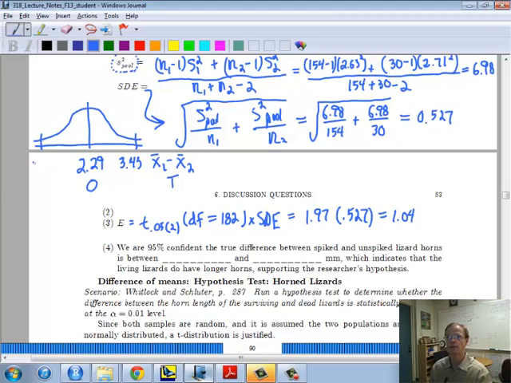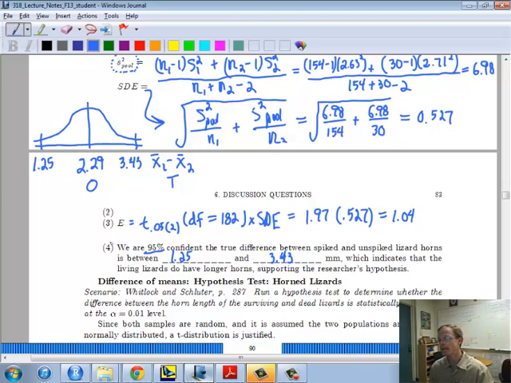And we'll subtract. That's going to be 1.25. Okay, so we're 95% confident that the difference is 1.25 to 3.43 millimeters. And that's a real difference. It doesn't include 0 because the left side is not negative. So looks like the researchers are right. These living ones do have longer horns.